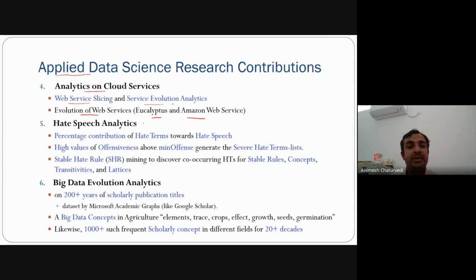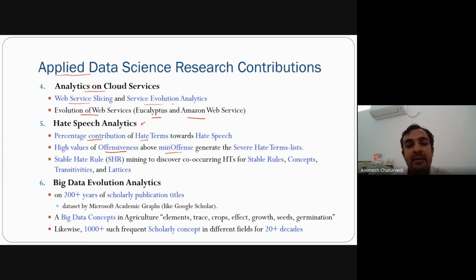Then for hate speech analysis, I have published work on how much a particular hate word contributes towards a hate speech. That is, the weightage of that word towards that hate speech, the percentage contribution of that hate term. I calculated this with the help of an offensiveness parameter, which was proposed as a numerical value with a formula.